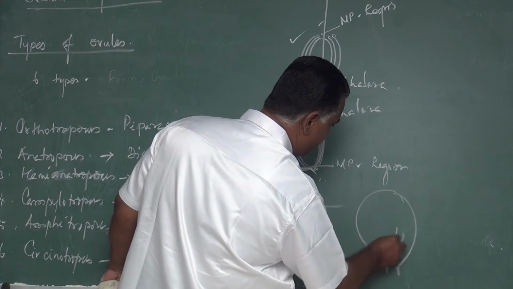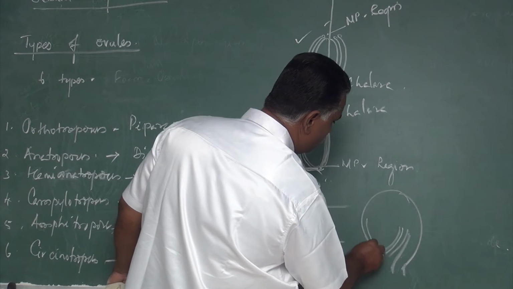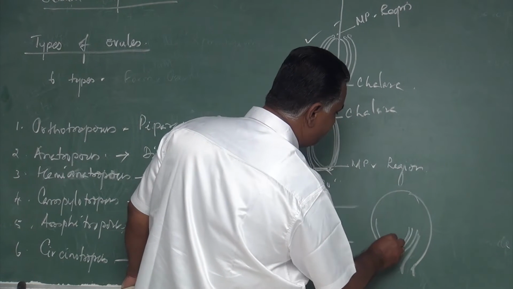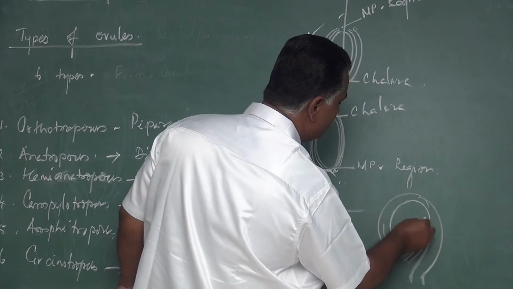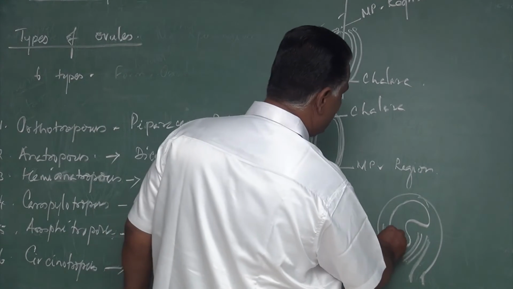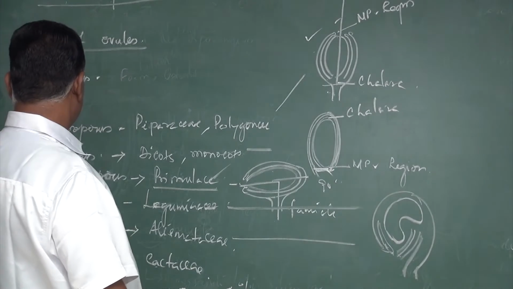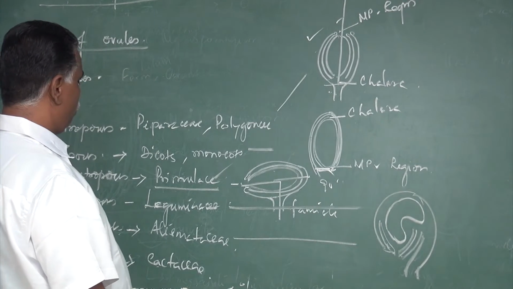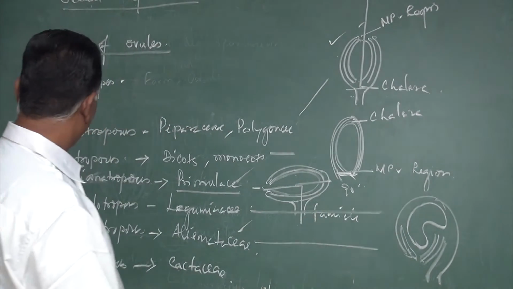The micropylar end is very near to the funicle, but what is the difference? The nucellus is horseshoe shaped. This is called an amphitropous ovule, which is found in Alismataceae.